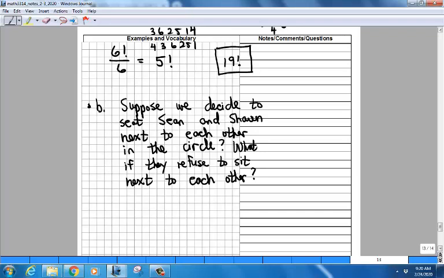All right, so in effect, Dalton, you're going to think of the Sean and Sean as being what? Just a single pair almost? Yeah, like a single unit. So how many things are you really arranging in a circle?